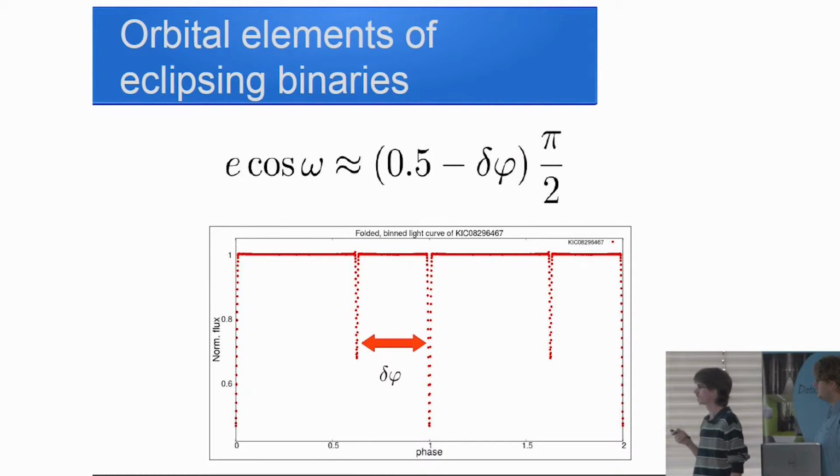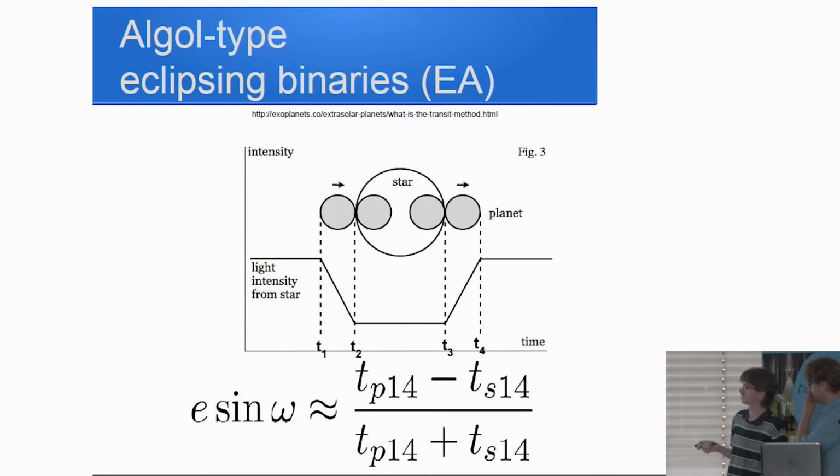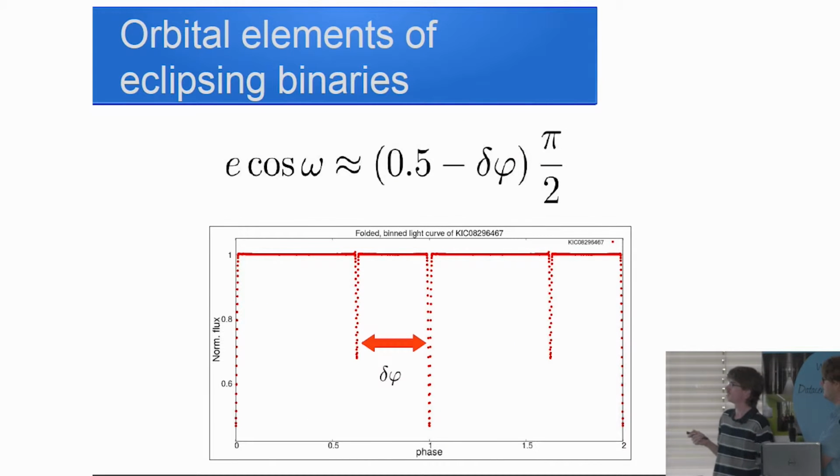But if we pick the displacement of the positions of the primary and the secondary eclipse, we can get e times cosine omega, and from these two, e sine omega and e cos omega, we can calculate eccentricity and omega, of course.